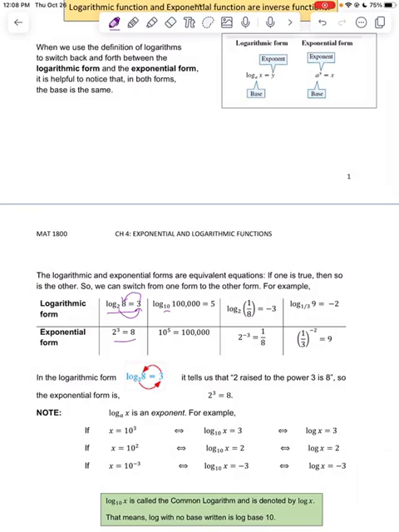Similarly, the next one is log base 2 of 1/8 is equal to -3. So it will be 2, which is the base, raised to the power -3. So 2 raised to -3 equals 1/8. Here the base is 1/3, so we have 1/3 raised to -2 is equal to 9.